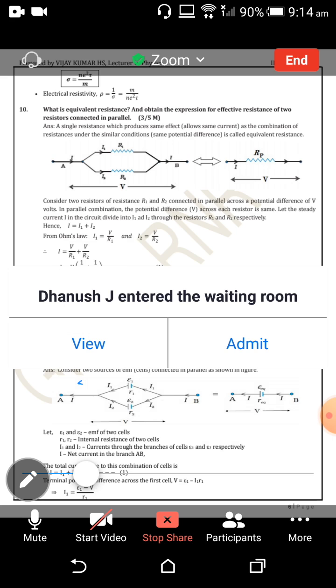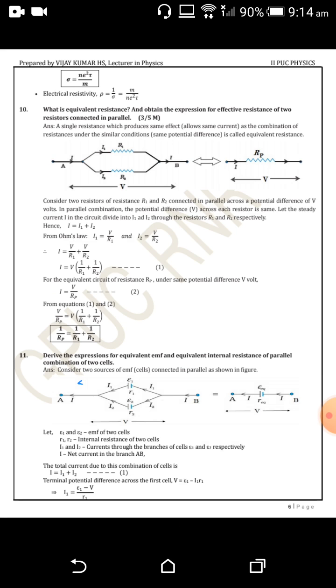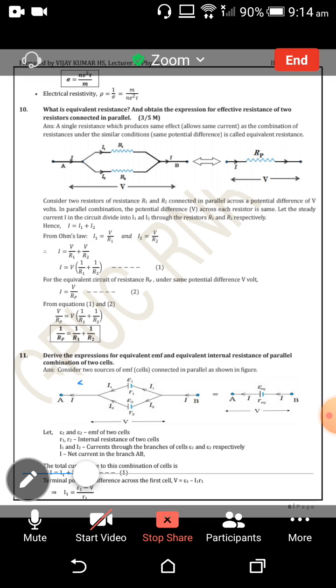Okay, so this is a 5 marks question, so just go through it for a few minutes.